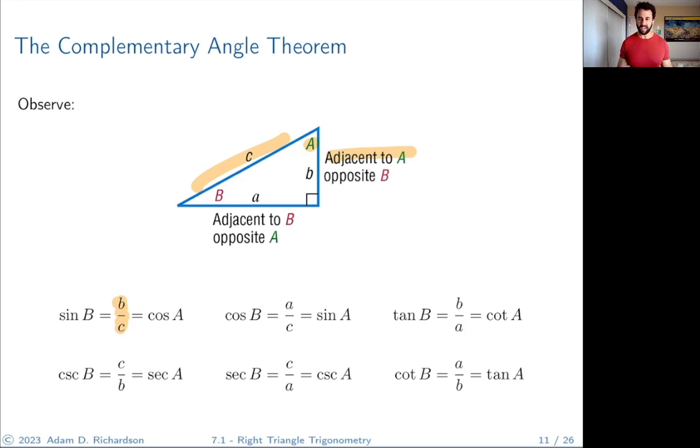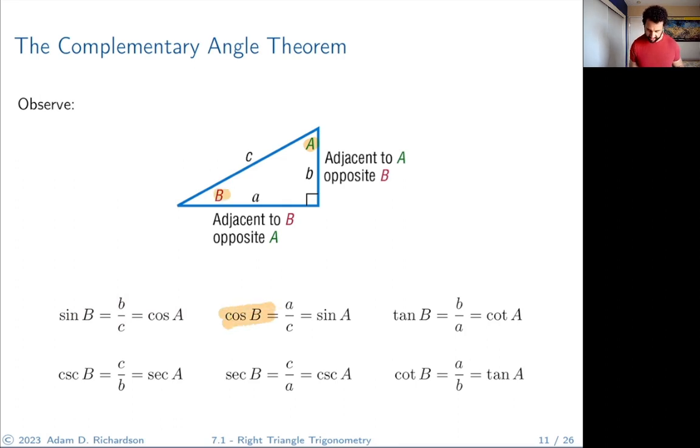So in other words, sine of B is equal to cosine of A, and that's what this result is showing right here. If you look at the value of sine from one of the angles, it's going to be cosine of the other angle, and vice versa. So that's what each one of these little cases goes through. Let's look at cosine of B for a minute.